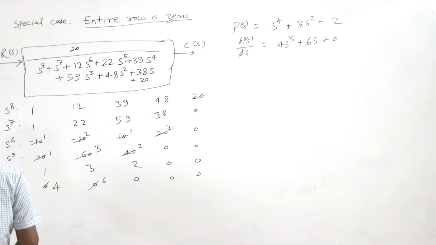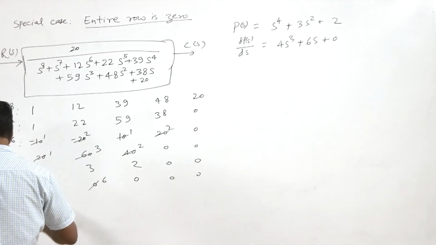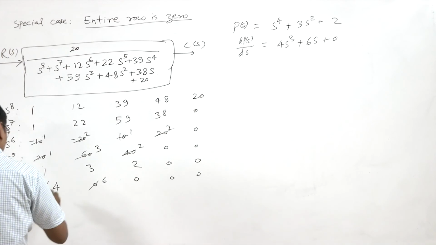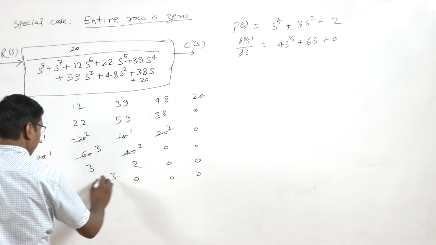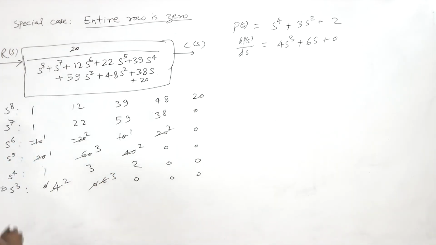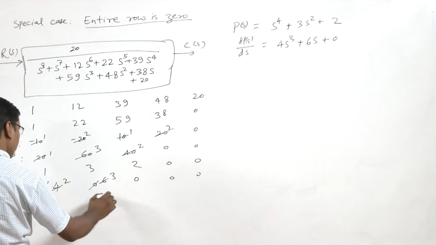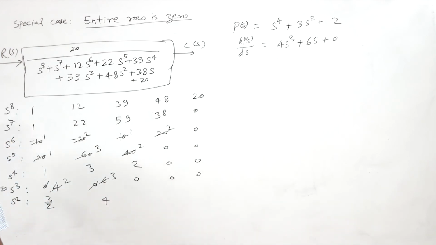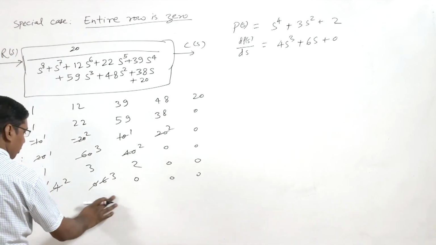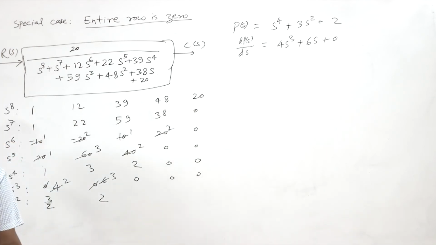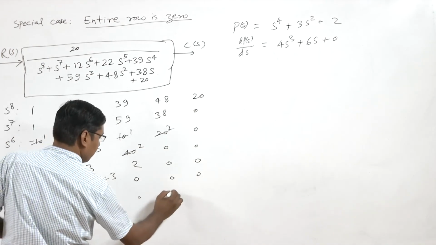So here we can again write 2 and 3 because we can take 2 outside. Then S2 we can write as 3 by 2, 4, 3 by 2 and 2 and 0, 0, 0.